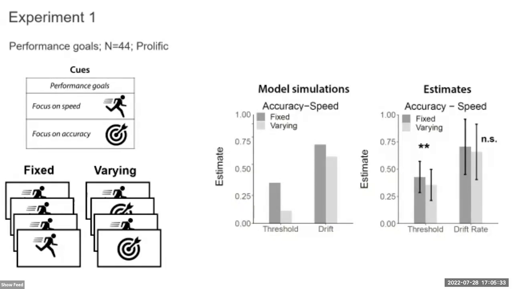But we crucially see, especially in threshold, this reduction in the influence of performance goal on threshold between varying and fixed blocks. Okay, so what this tells us is we have found some evidence for these reconfiguration costs that work purely on the control intensity side and not when you're switching between different tasks.